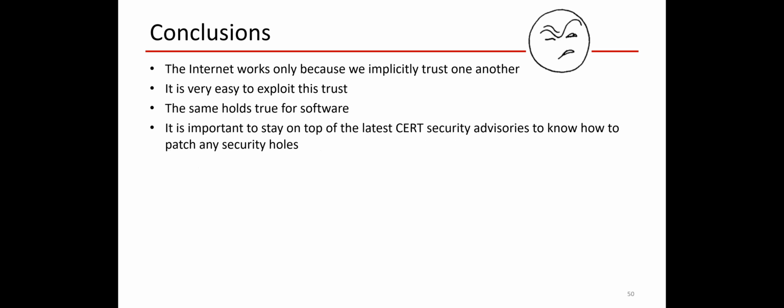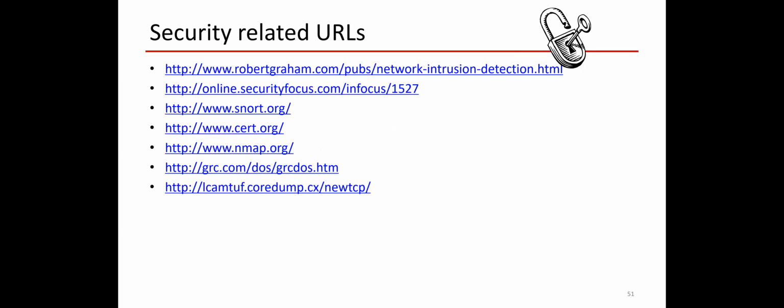The internet works only because we implicitly trust others, and it's very easy to exploit this trust. The same holds true for all software. It is important to stay on top of the latest CERT security advisories to know how to patch any security holes. This is the list of security-related URLs. You can check it, and whatever we talk about today, there's full text in there.